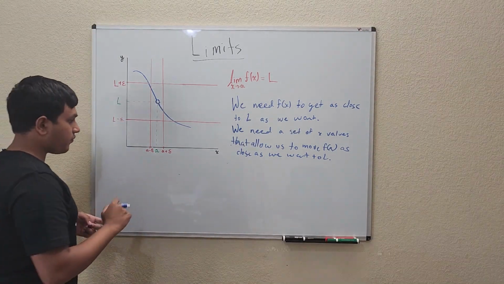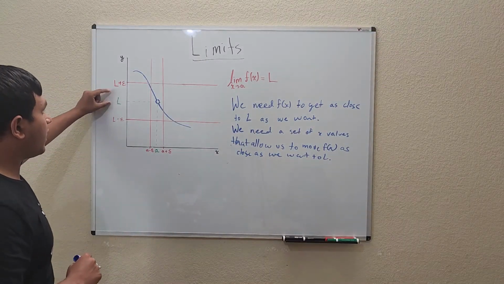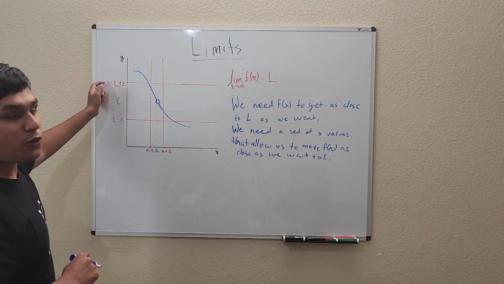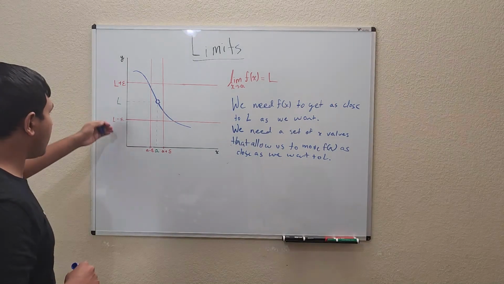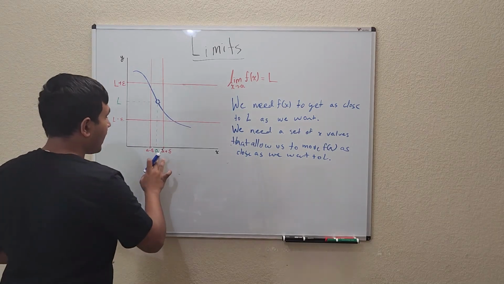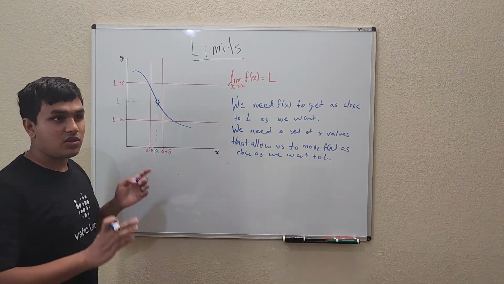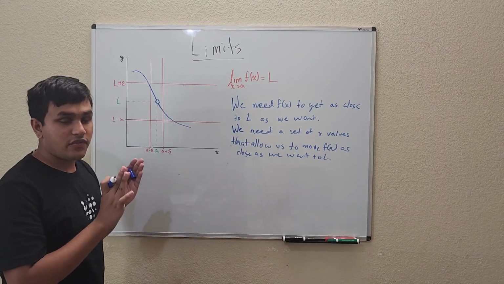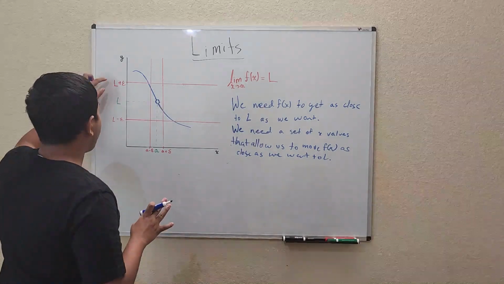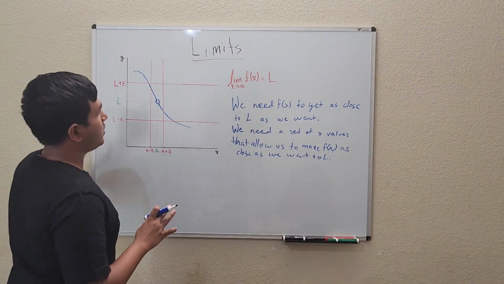So think about it like this. If we say that we want f of x to be within some epsilon of L, we can have it L plus epsilon or L minus epsilon. What we need is x to be within delta of a such that for those x values, f of x will always be within these epsilon values.